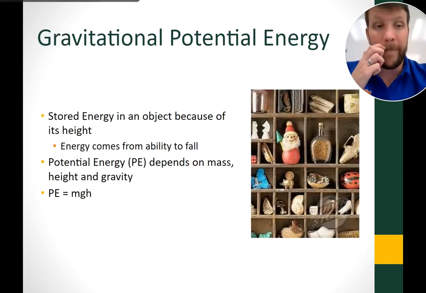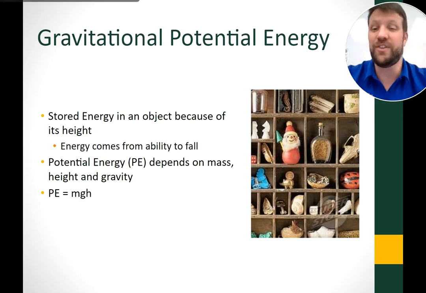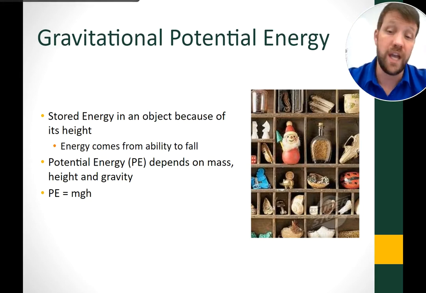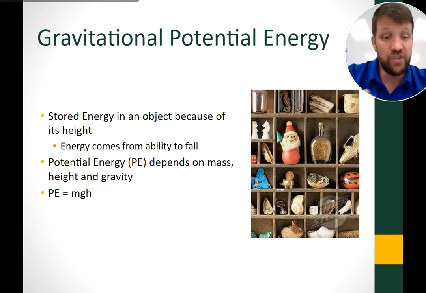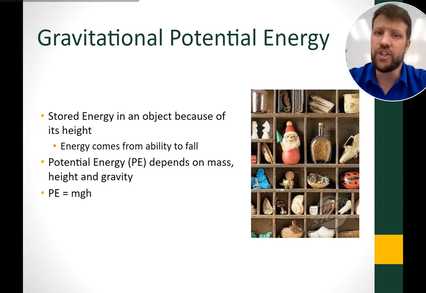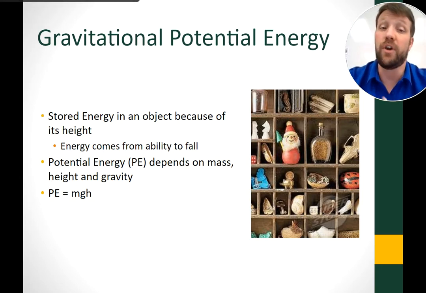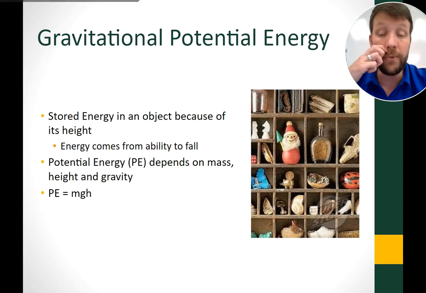All right, to look more closely at this shelf and some gravitational potential energy here. This is, again, the stored energy in an object because of its height. So we see different objects here that are different heights above the ground, and they're each going to have a different gravitational potential energy. Now, it's not going to just be due to the height above the ground. The farther above the ground it is, the more stored energy it will have as far as gravity is concerned, but also the more massive it is.